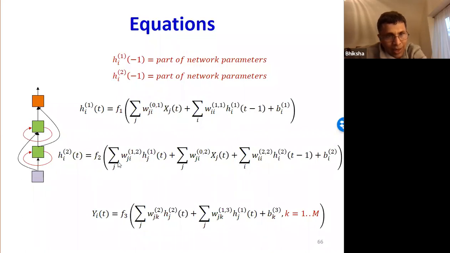And here, you're computing the set of weights from all of the neurons at this time to the ith neuron in this layer, plus the set of weights from all of the inputs to the ith neuron of this layer, and the set of weights from all of the neurons at the same layer at the previous time to the ith neuron in the same layer. So this is explicitly just writing out the individual weights instead of writing it as a matrix. Did that make sense?